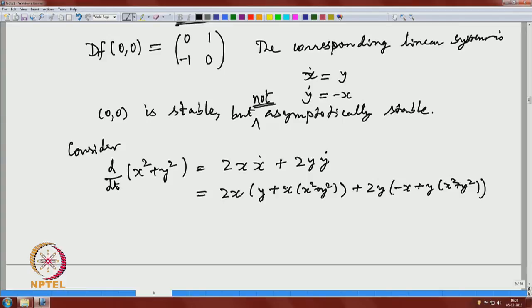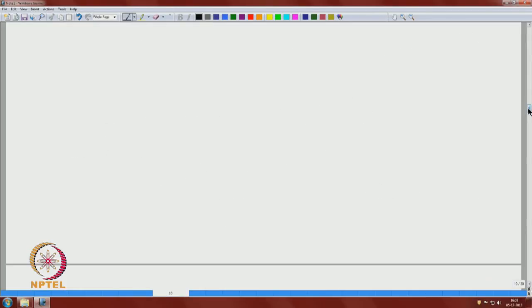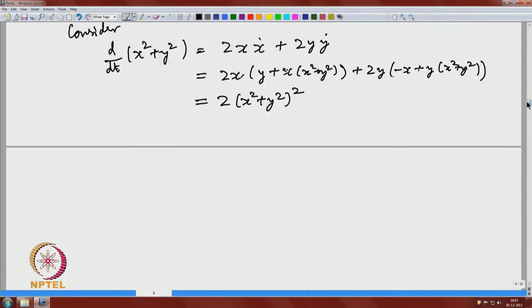Okay. So, you simplify the algebra, you get 2 x square plus y square, whole squared. Okay.